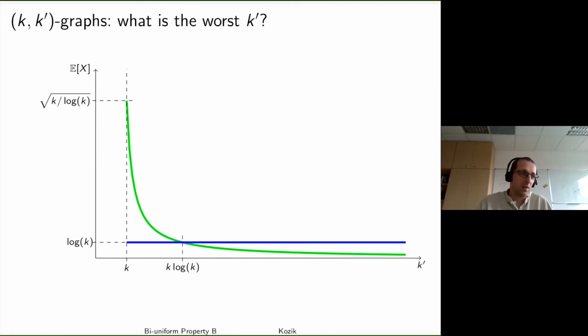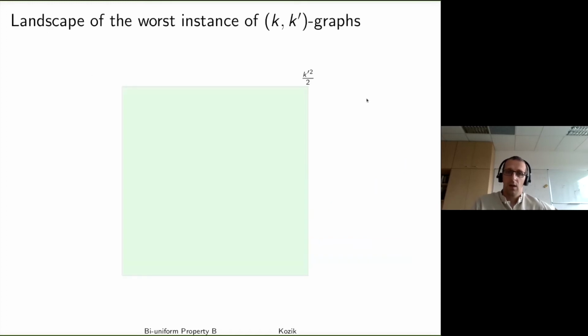So the thing I imagine is worth considering is just focusing on some specific value of k prime, some polynomial in k, maybe k cube is a good starting point, and trying to improve this lower bound for this specific pair. I can show you what to expect in this regime.